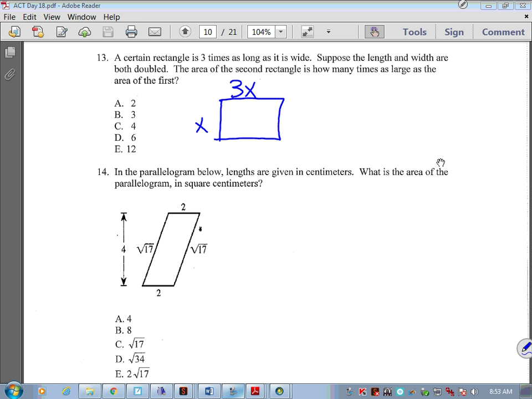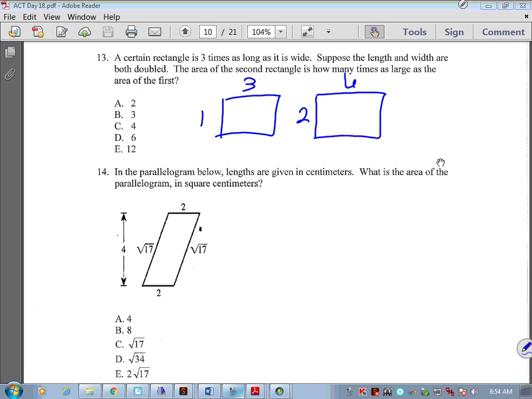Here, what I did with this is that I actually picked out some numbers. So let's say this was 1, then that would be 3, right? Suppose the length and width are both doubled. The area of the second rectangle is how many times as large as the first? All right, well, if I double that, then this is 2 and this is 6, right?